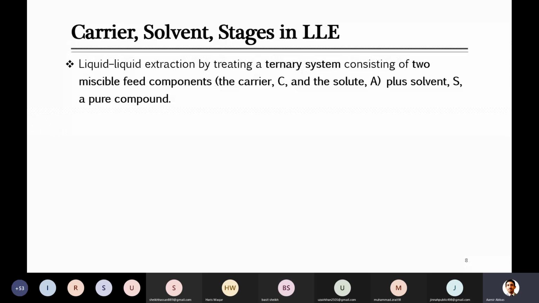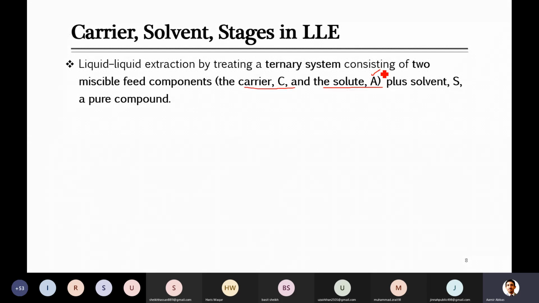Carrier is something which is present in a large amount, and it is carrying along with it a small amount of the other component which you want to get rid of or which you want to remove. So that is the solute and the carrier. Majorly you can just say that the one component which we want to remove, which we want to extract, is called the solute.